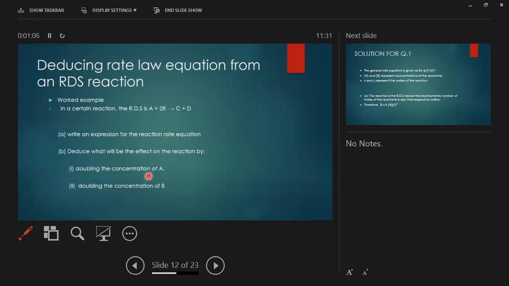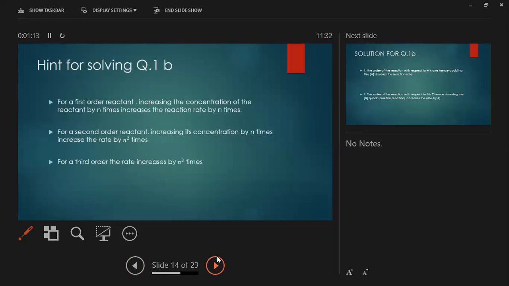So we have the concentration of A being doubled, but there are some hints here for us to understand. We use these hints when we want to solve rate equations using the method of intuition or reasoning. For a first order reactant, increasing the concentration of the reactant by n times increases the reaction rate by n times.